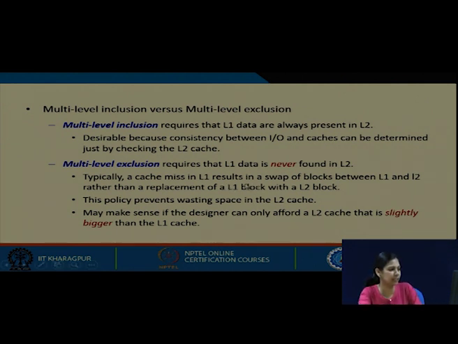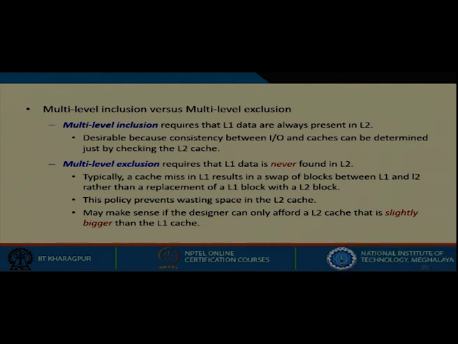Typically, a cache miss in L1 results in a swap of blocks between L1 and L2 rather than replacement of the L1 block with the L2 block. So, there is no replacement, rather you are bringing a block from L2 to L1. This policy prevents wasting space in L2 cache. Why? Because we have the data for L1, and we have a separate set of data in L2.